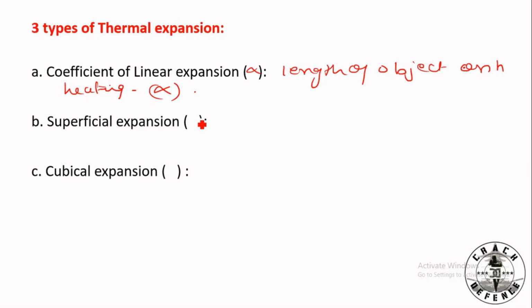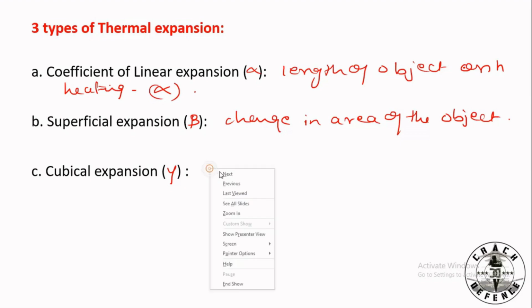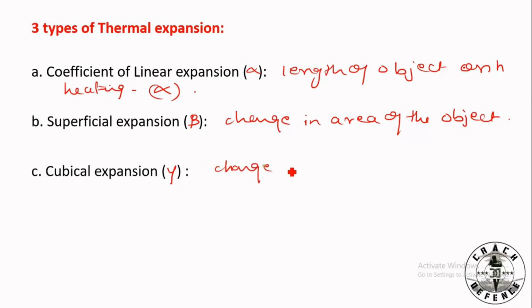Second, we have superficial expansion, which is denoted by beta, and it is the change in area of the object. Now, the third and last is cubical expansion, which is denoted by gamma, and we have the change in volume when heat is applied.